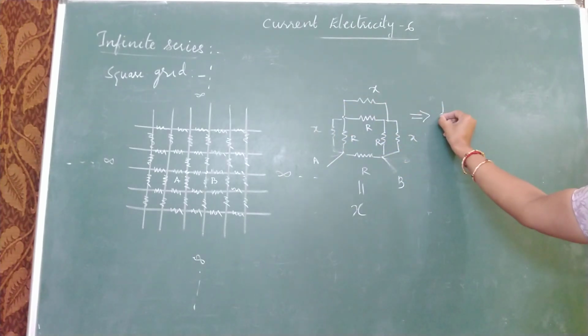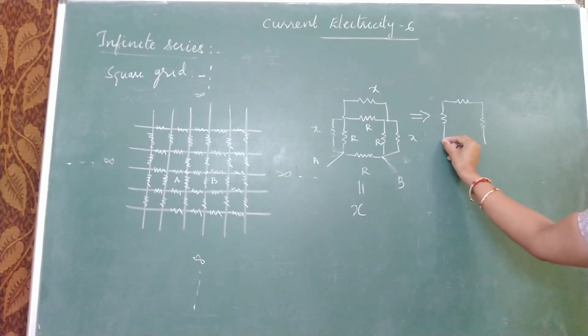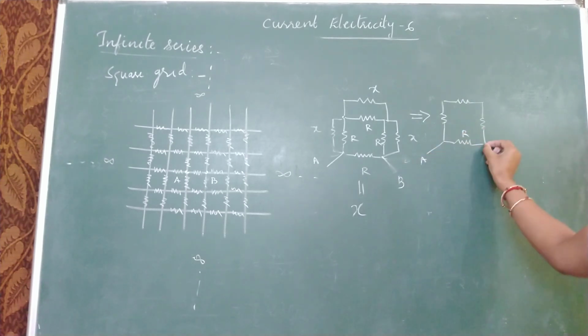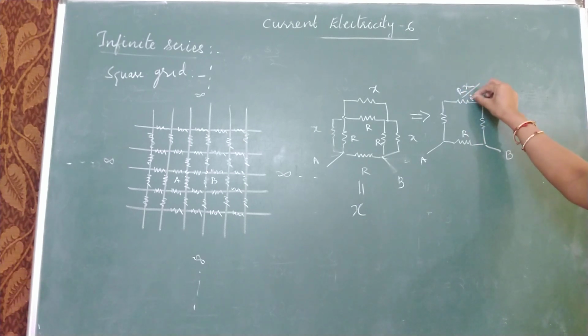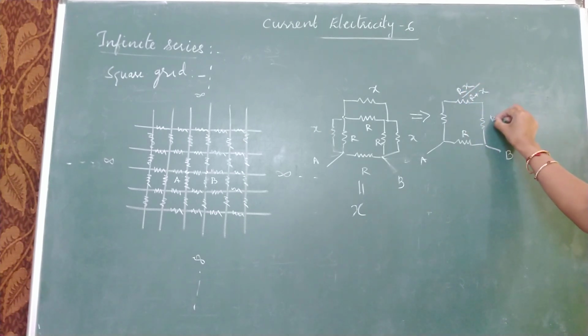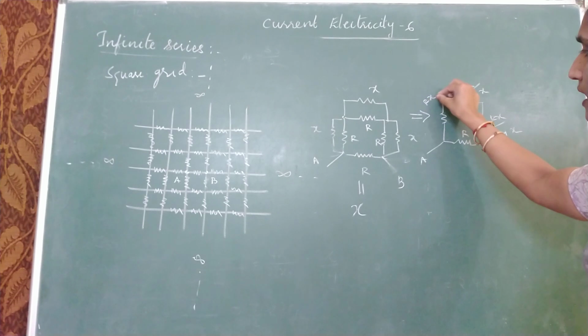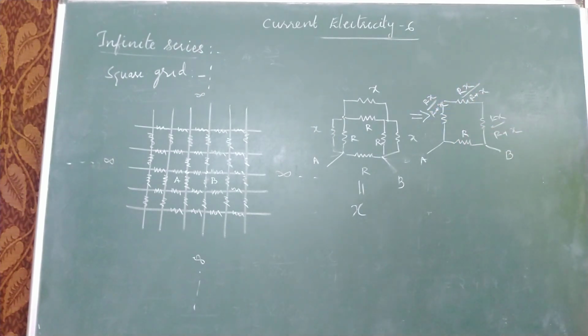I am redrawing the circuit. If R and X are in parallel, this is A, this end is B. Can I make it R into X by R plus X? Here also you get R into X by R plus X, R into X by R plus X, and this is capital R. Now how do we calculate the equivalent resistance?